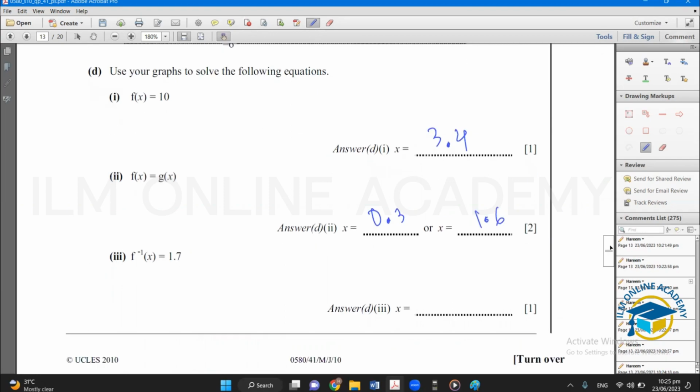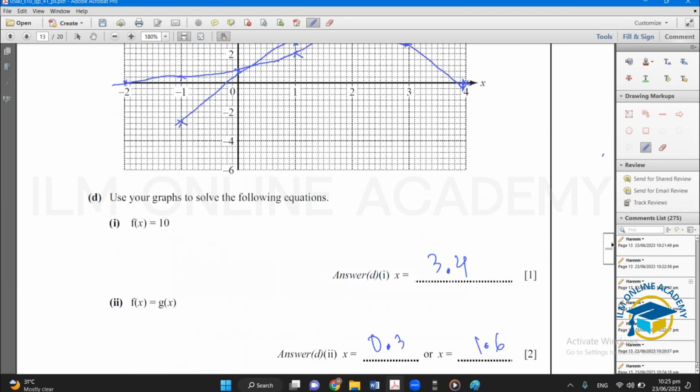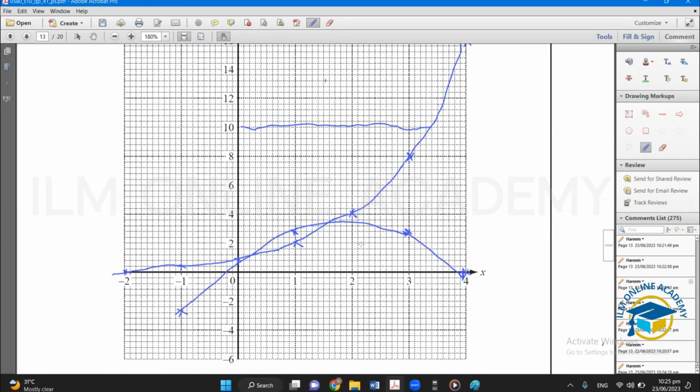Now, f inverse of x equals 1.7. So where is 1.7? I guess it's here somehow. For 1.7 it's 1. Yes, it's 1.5 and 1.7.